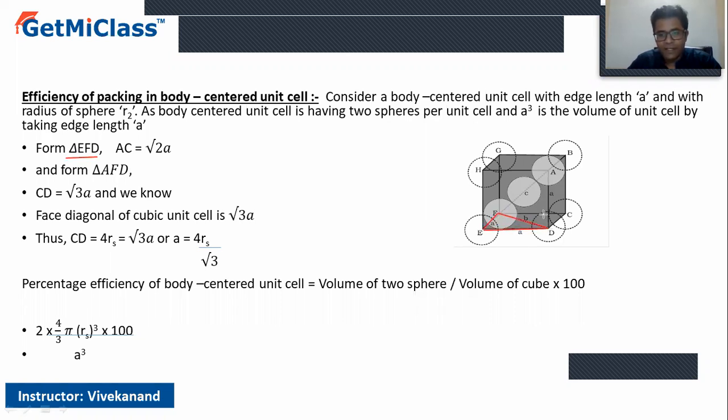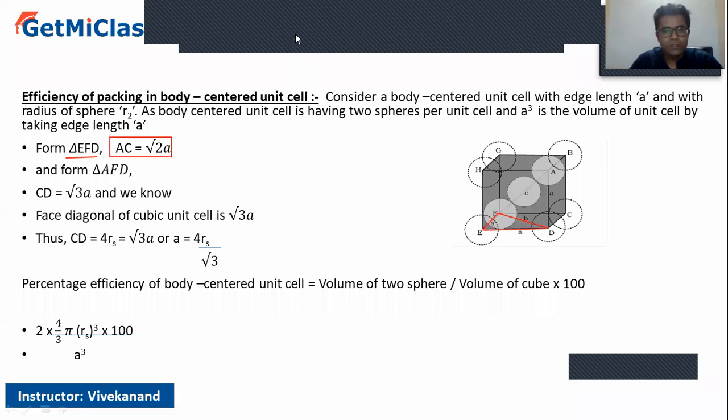From this triangle, as we have marked B, we have seen how we got this particular value of root 2 A. After that, we marked the next one from the triangle AFD.